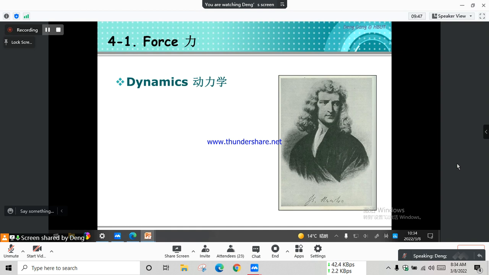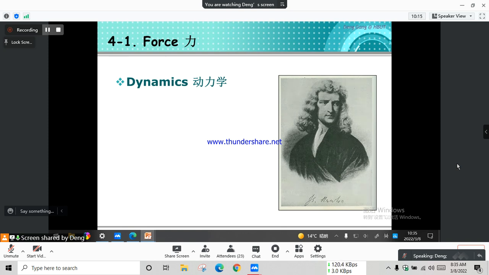We can describe this as a force, but we cannot describe it with a scientific definition. We just know a rough image. What is force? I push this, I apply force on it. We know that is force, but there is no scientific description of what force is.